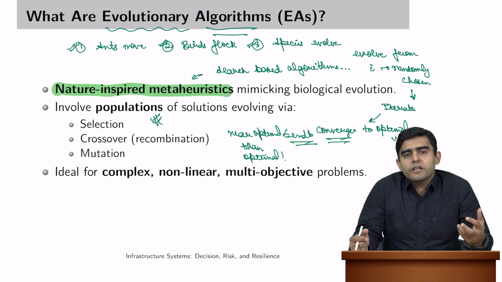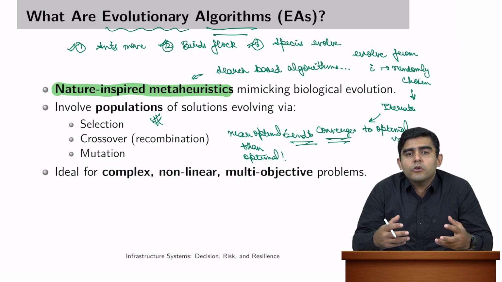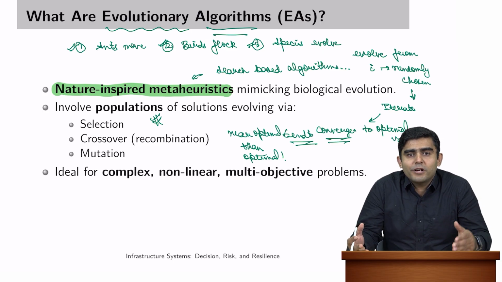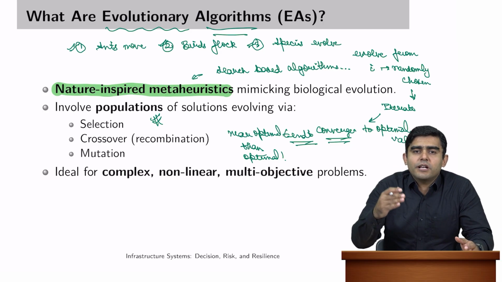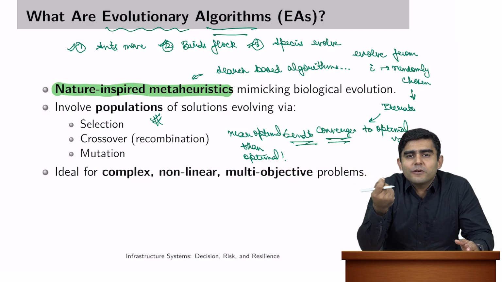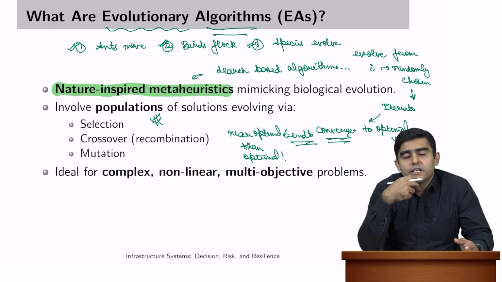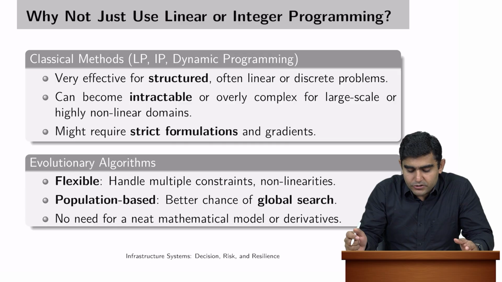The same thing happens in various infrastructure decision making, where a lot of processes are complex, non-linear, multi-objective problems, and we do not have an exact functional form. Forget about the differentiability of the functional form. We just know that the solution has to be good, better, or best, but we really do not have any functional form to capture that. And that is where these evolutionary algorithms come into the picture.